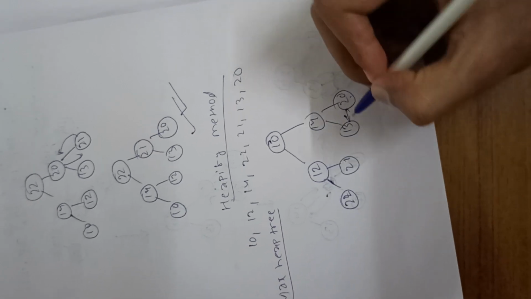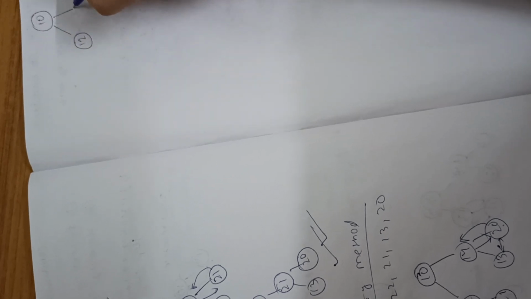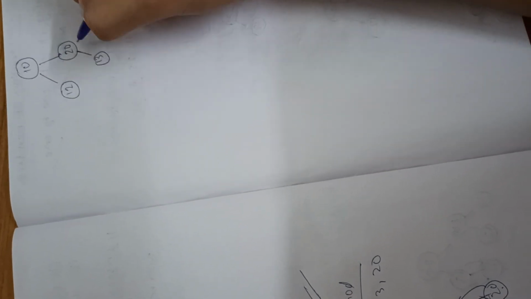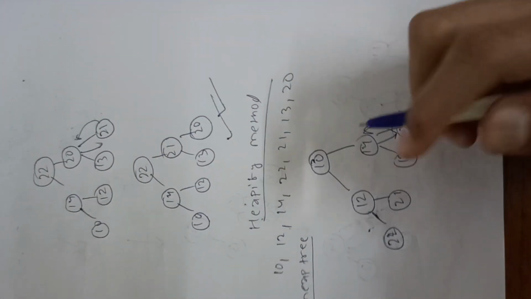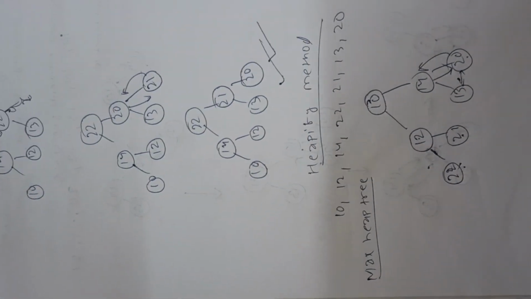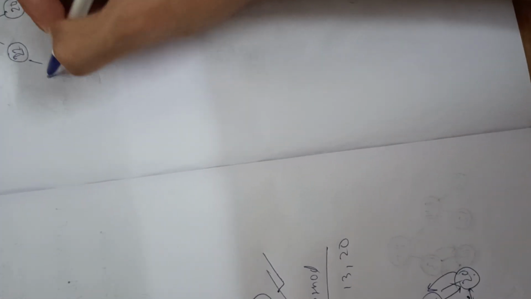Here 20 is greater, so we need to shift 20 to the parent node, and 14 will come down. Now again between 22 and 21, 22 is the greatest, so it will be shifted to the parent node and 12 will come down.